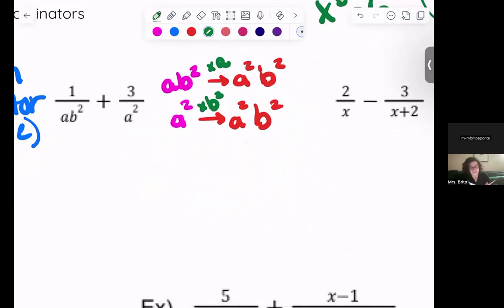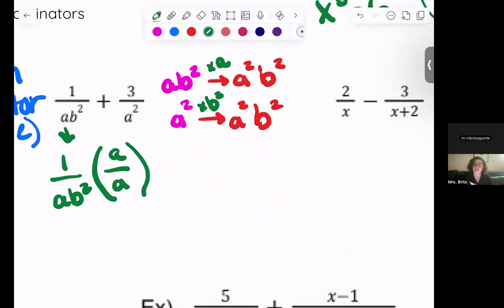So let's see. I have 1 over AB squared, my original fraction, and I decided I have to multiply by A to get a common denominator. But remember, I cannot just multiply by the denominator. I have to multiply both the numerator and the denominator, every time.